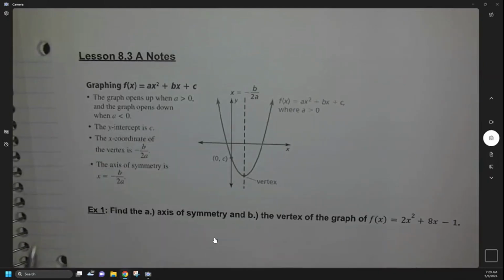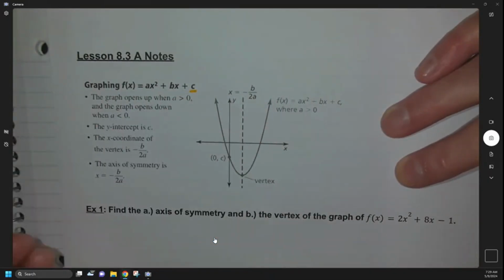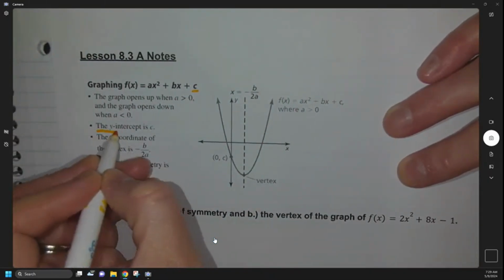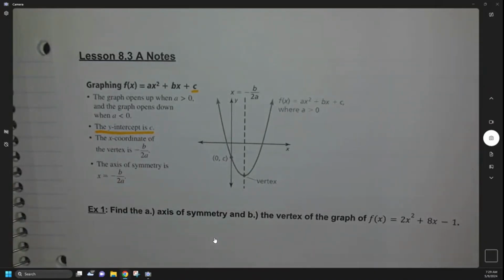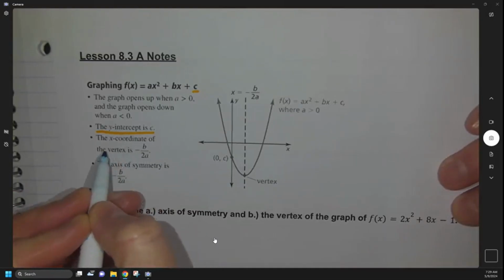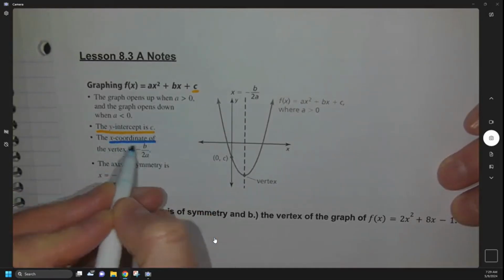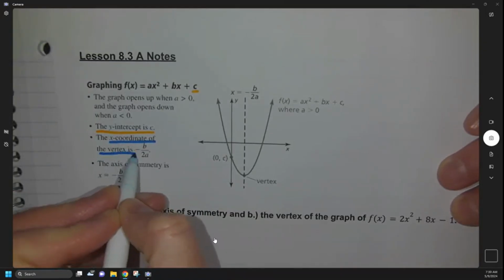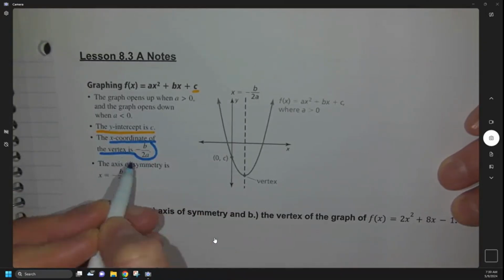We know in this equation here that the c value is the y-intercept. We know that the x-coordinate of the vertex can be represented by this equation right here. So the x-coordinate of the vertex is this right here.